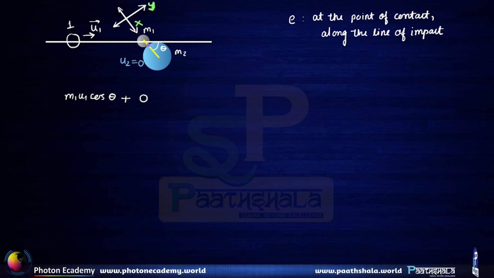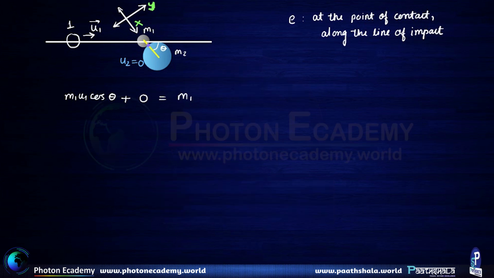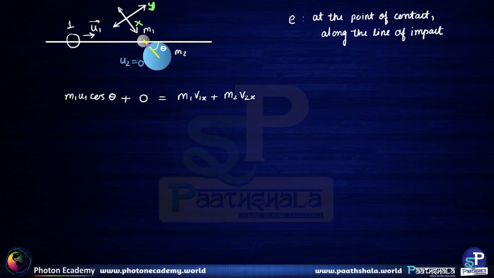So m1 u1 cos theta plus 0 is going to result in m1 v1 in x direction plus m2 v2 in x direction. The angle theta is known over here. So in this equation we have two unknowns, v1x and v2x.